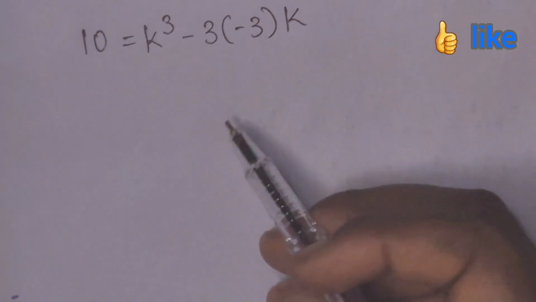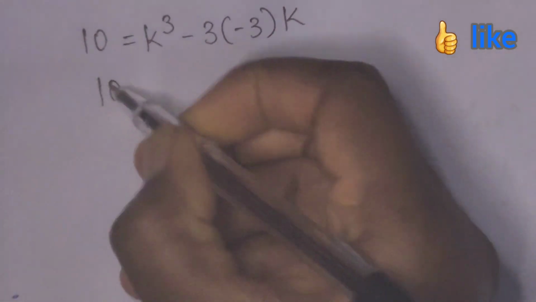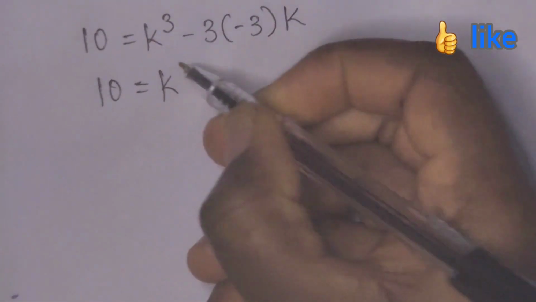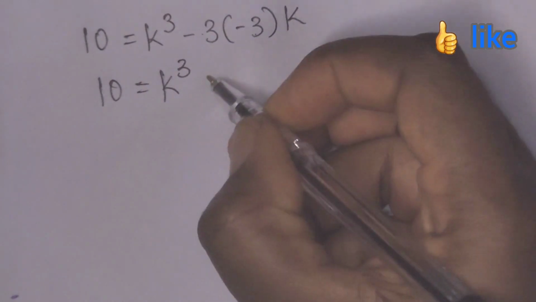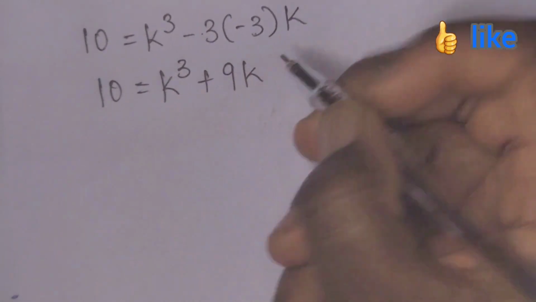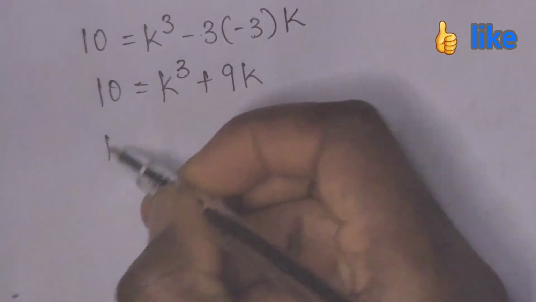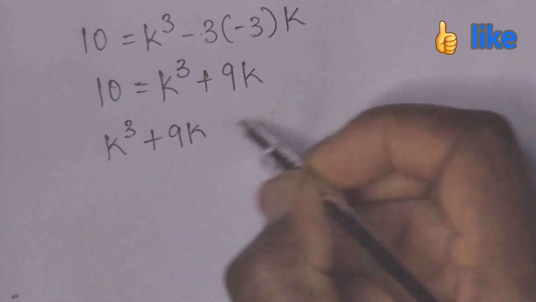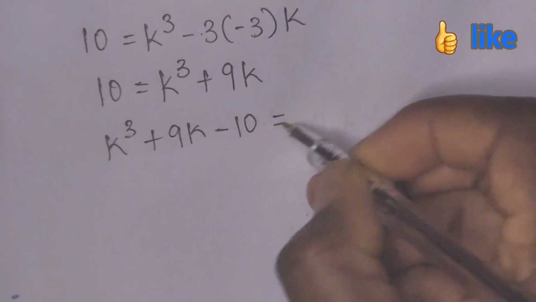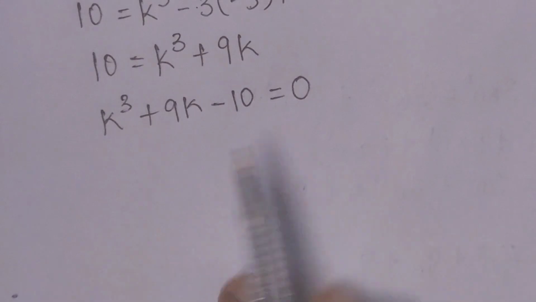Simplifying this equation, we have 10 equal to k to the power of 3 minus 3 times minus 3 is 9 times k. From here we can rearrange this equation to have k to the power of 3 plus 9k minus 10 equal to 0. So this is a cubic equation.